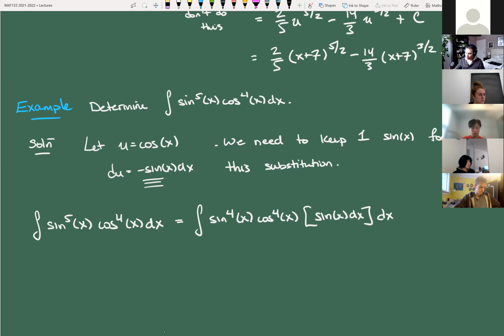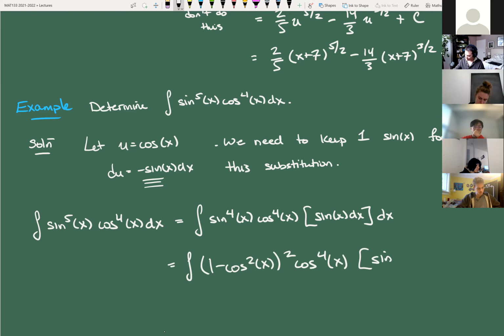And then what I'm going to say is, okay, I'm trying to make the substitution u equals cos x, right? But I've got all these annoying sines, but luckily I know how sine and cosine are related. Let's use the Pythagorean identity to rewrite sine to the 4 as 1 minus cos squared x, squared. Like this.